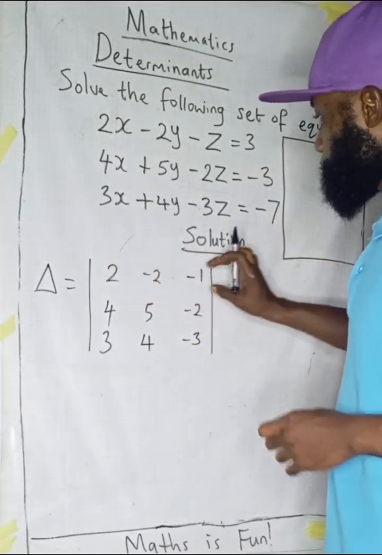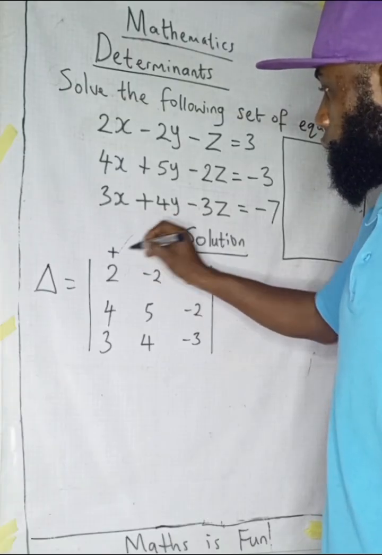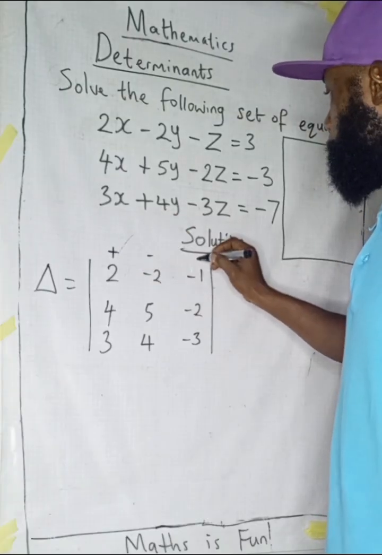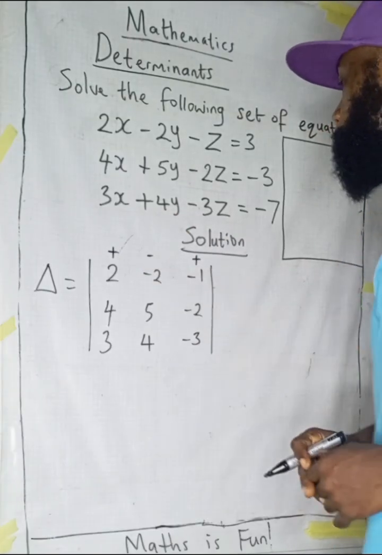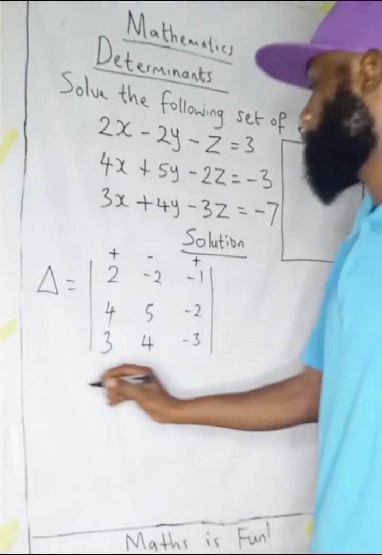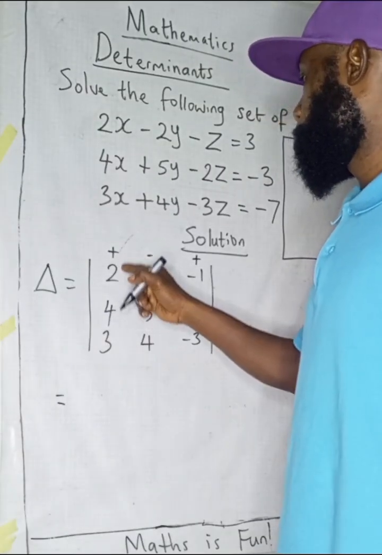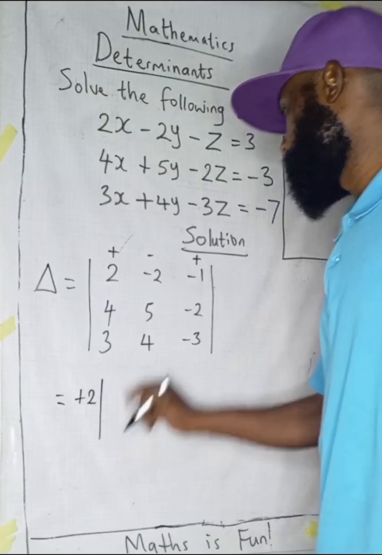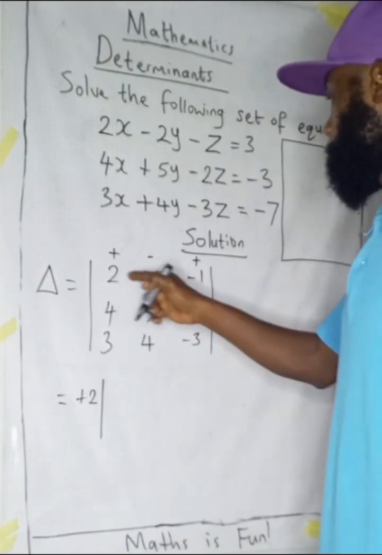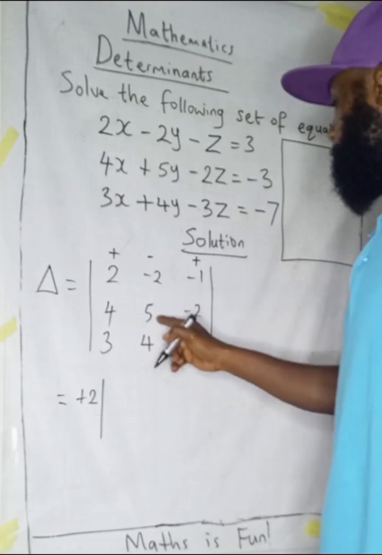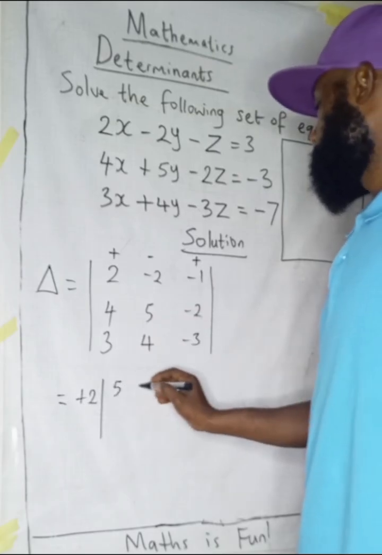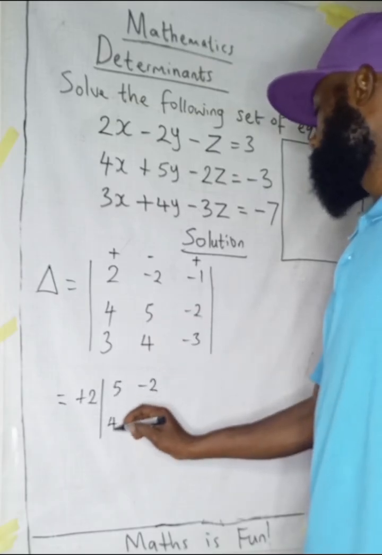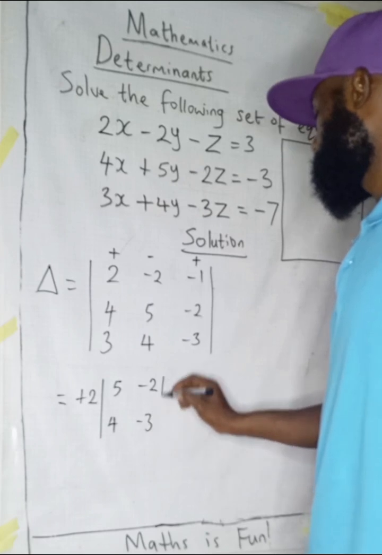This row 1. Let's assign the signs there: plus, minus, and plus. That will help us find the cofactors. So we are going to have equal to plus 2. Ignore this column, ignore this row. What we have is 5, minus 2, 4, minus 3.